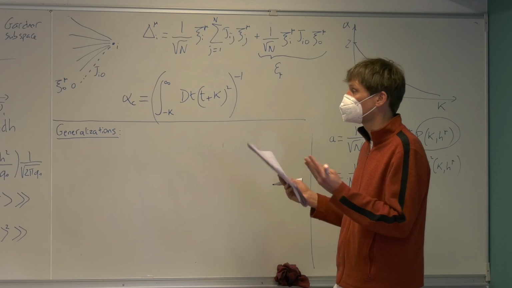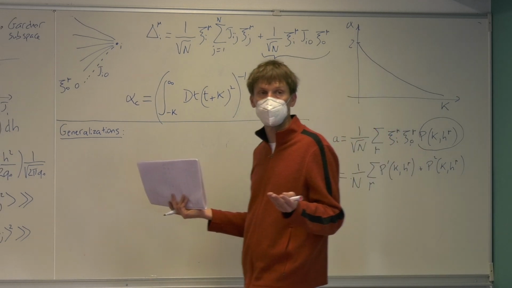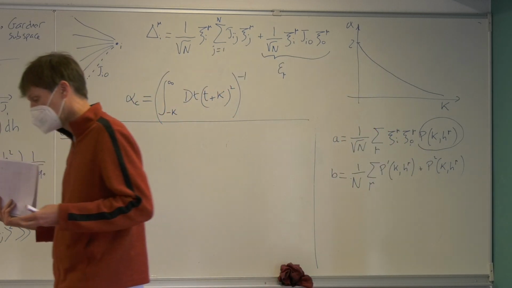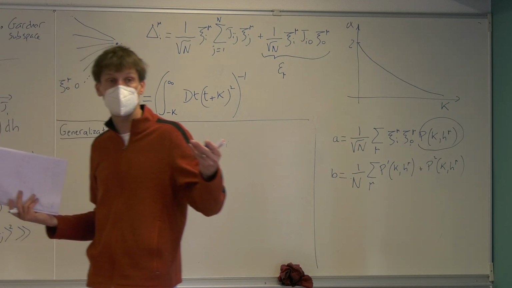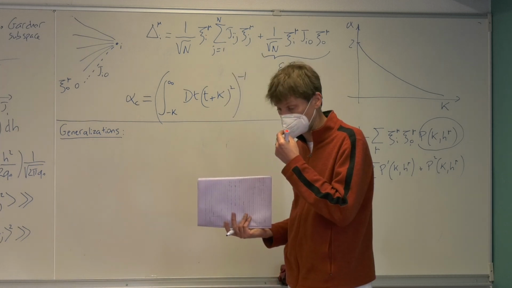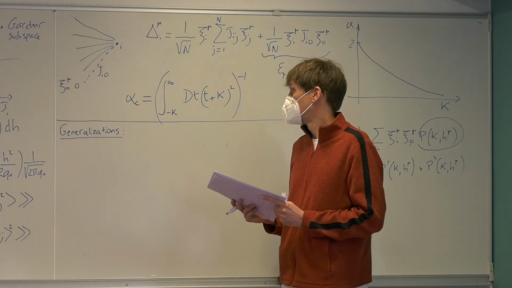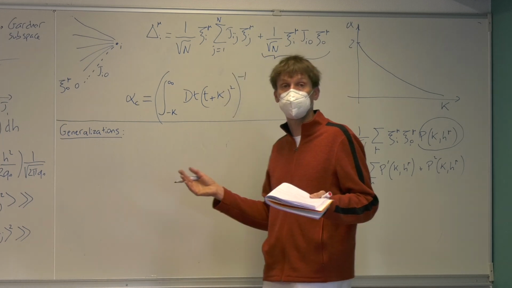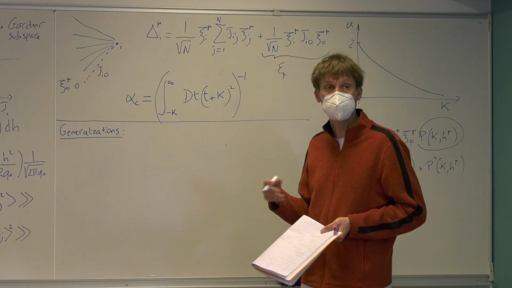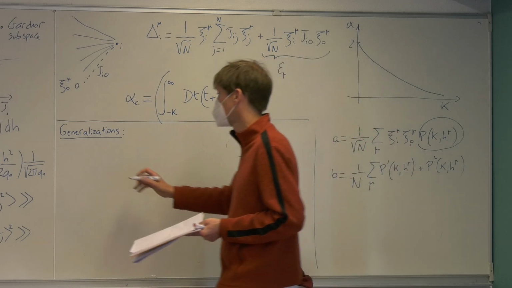generalization is what if the patterns are not unbiased anymore? So instead of having equal probability to -1 and 1, what about if you go to this sparse coding limit that I mentioned in the second course? And unsurprisingly, as in the case with these Hebbian matrices, the capacity diverges in the sparse coding limit.